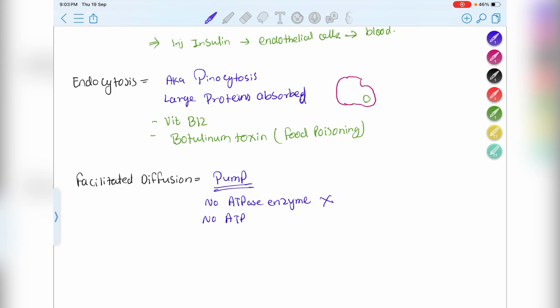Here the drug will move along the concentration gradient, from high concentration to low concentration.